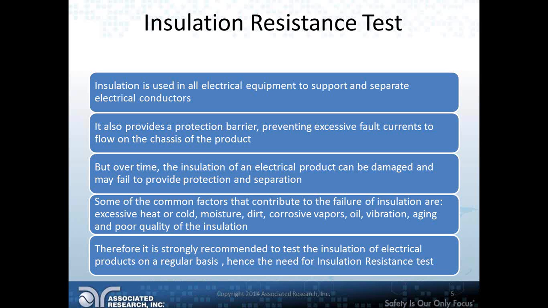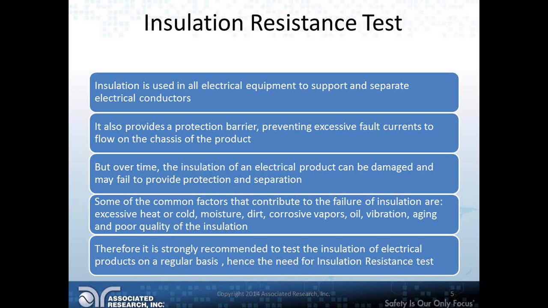Therefore, it is strongly recommended that the insulation of all electrical products be tested and checked on a regular basis, and hence the need for the insulation resistance test arises. The insulation resistance test will test the insulation and give us a resistance value in ohms, which will tell us how good our insulation is.